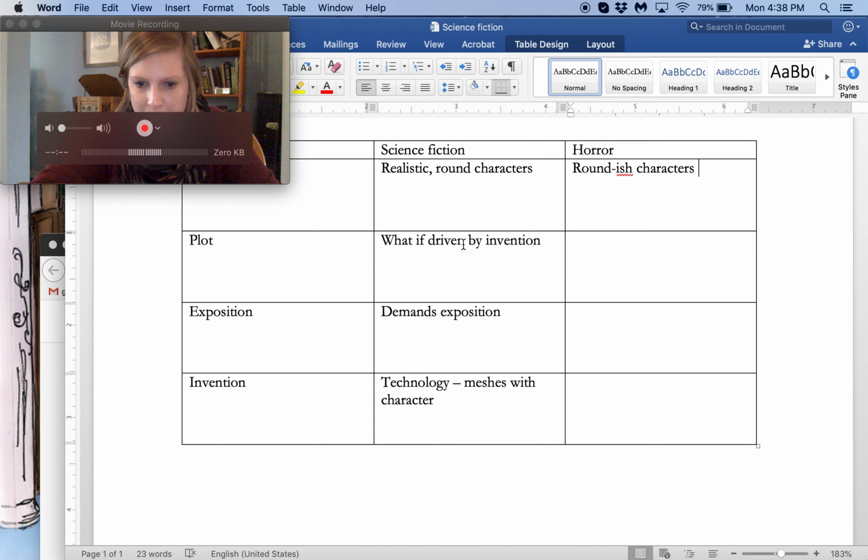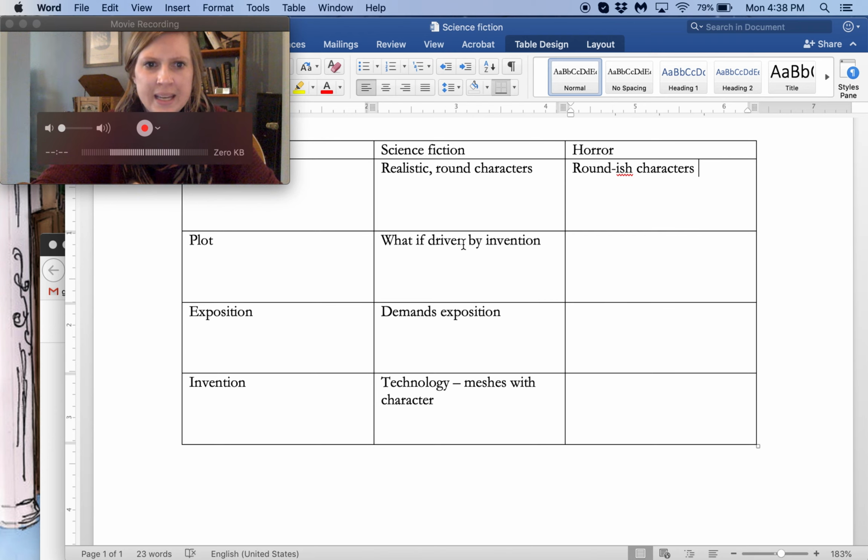But if you think about other horror movies you know, or even just Scooby-Doo, right? Other scary stories, we have round portrayals of the people that we're supposed to sympathize with, the people we're supposed to feel fear with, and then the people that we're not feeling fear along with, we often have more mysterious, not full characterizations. So we've got some roundish characters.